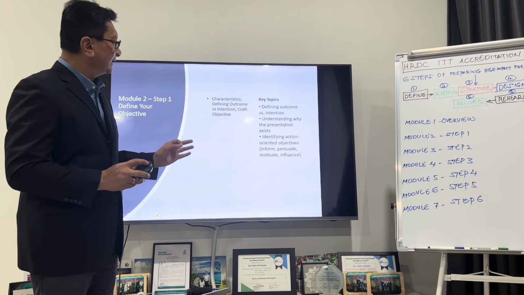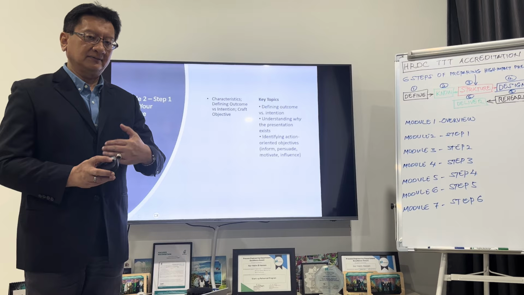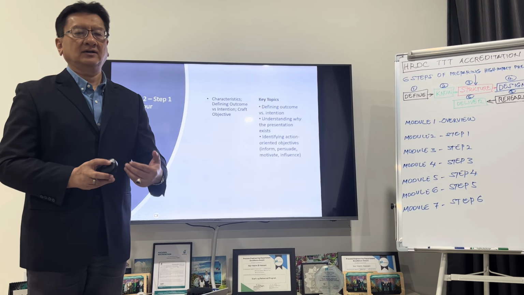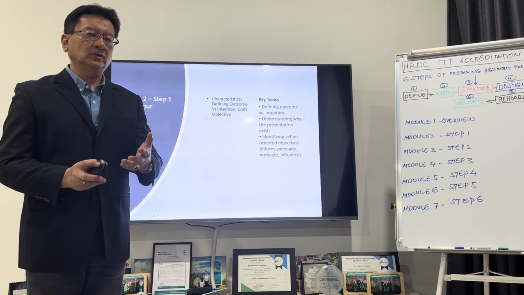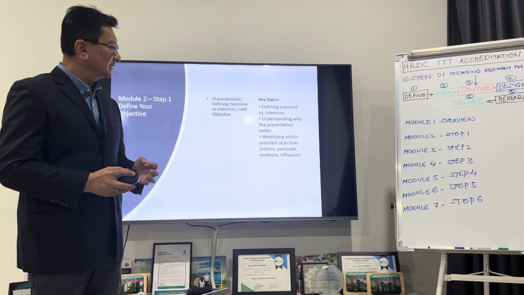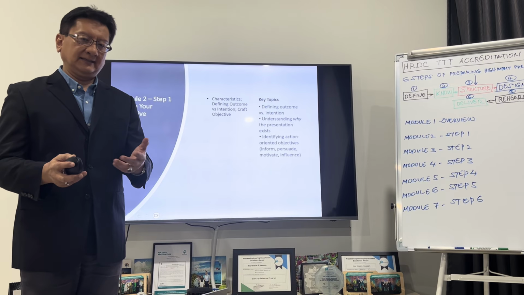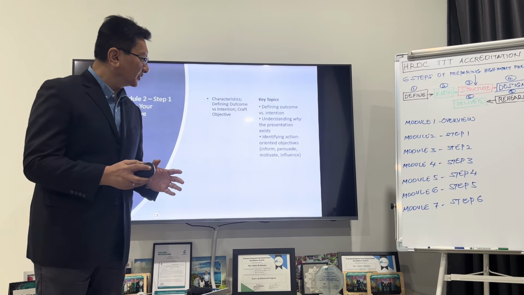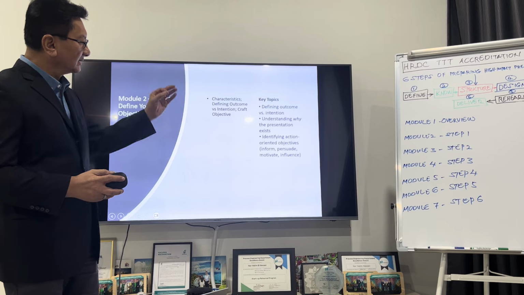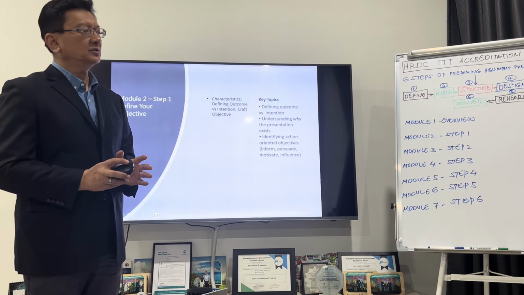Okay, and then identifying the action-oriented objective. For example, in this case, we want to inform the management or persuade the management to approve additional budget, for example, and also want to motivate the teams, and also influence the management. So this is important. This is all the topic that we're going to cover during this module 2, step 1.